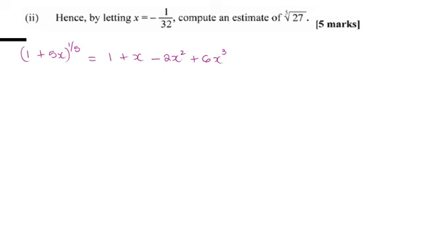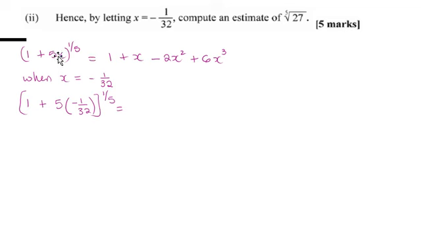Then they said we are to let x be negative 1 over 32. So I'm going to say when x equals negative 1 over 32, let's plug that in. So (1 plus 5 times negative 1 over 32) raised to the 1/5, right? So we're plugging it into the entire equation, both the left side and the right side.